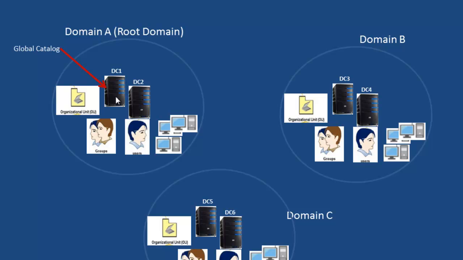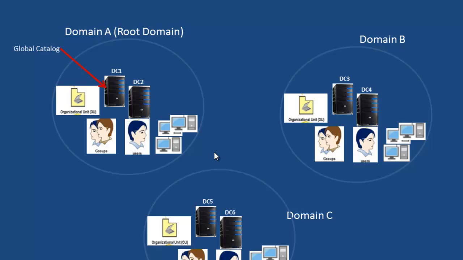Now, the global catalog server does not contain all attributes for each object. Instead, the global catalog maintains what we call a subset of attributes. Just as the phone book will not have everything about us, you would have the phone number, you might have the address, but you wouldn't have the date of birth and other attributes.